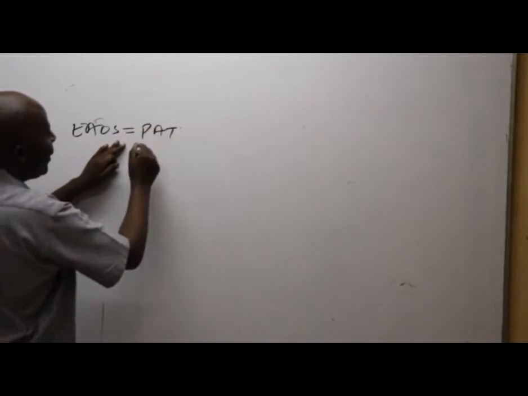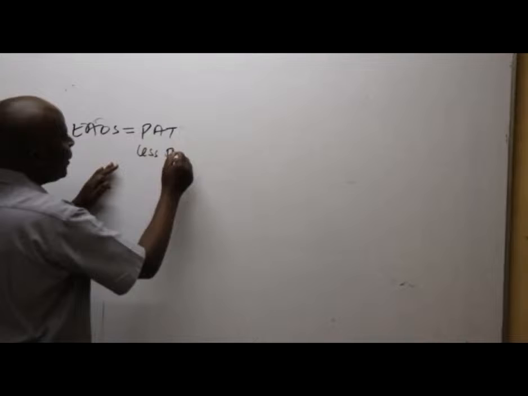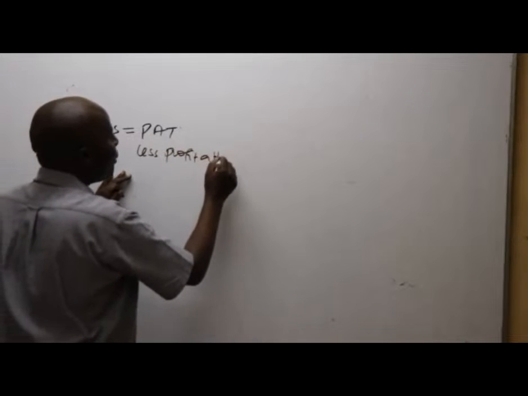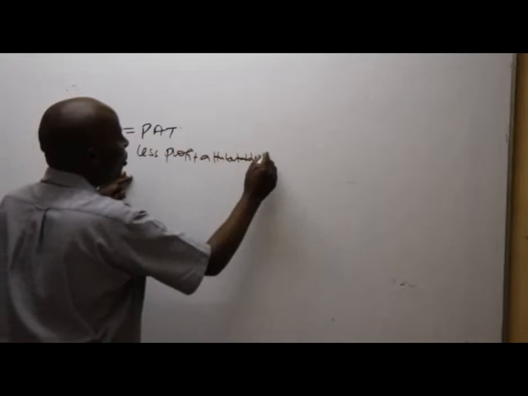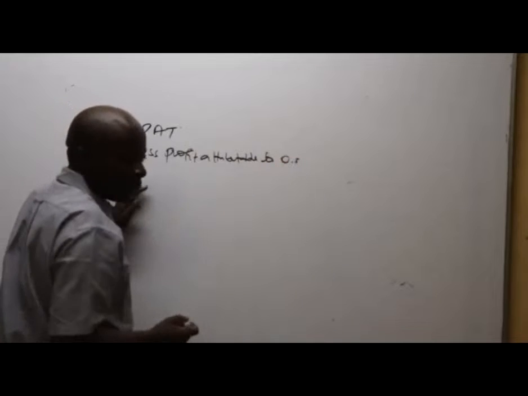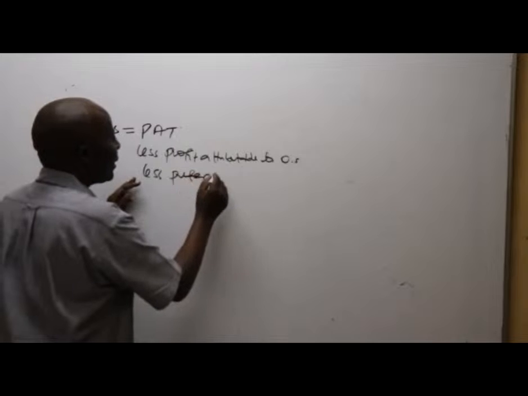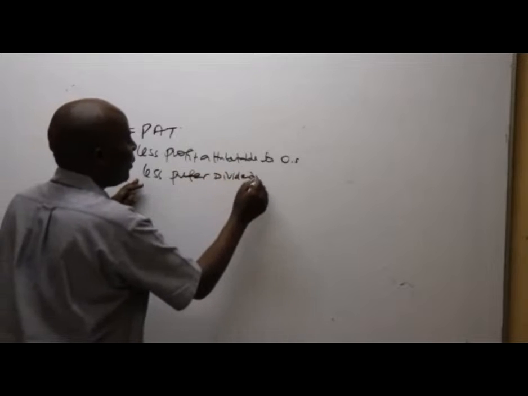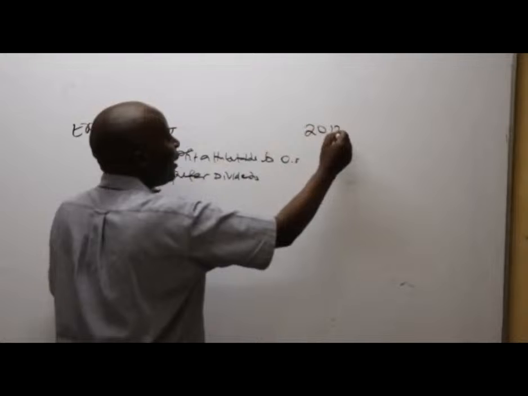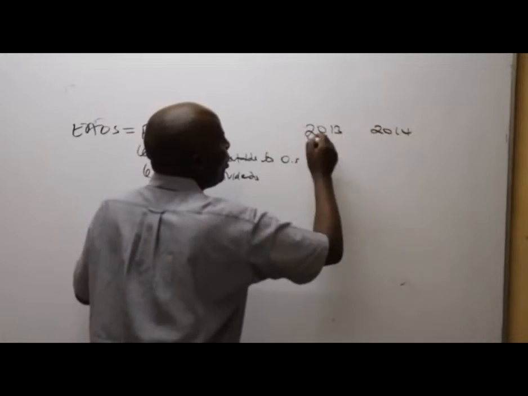Take the profit attributable to ordinary shareholders, less preference dividends. Very easy. We have two years, 2013 and 2014, any low-hanging fruits.